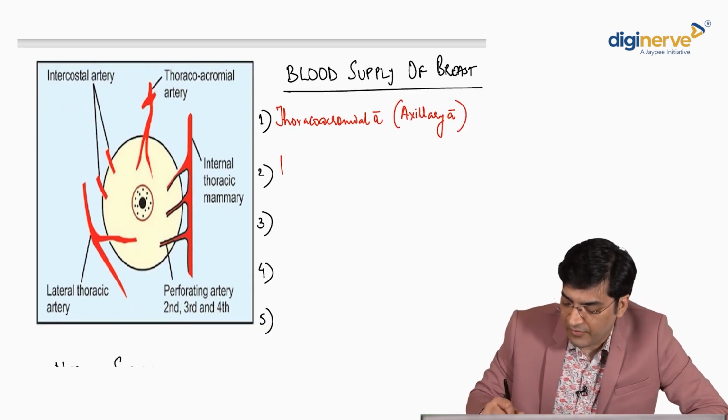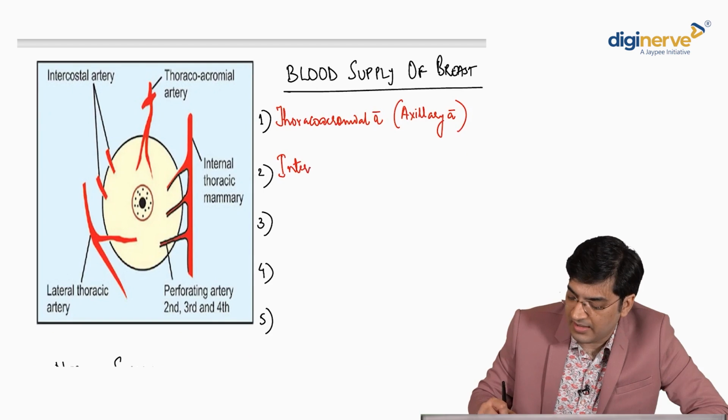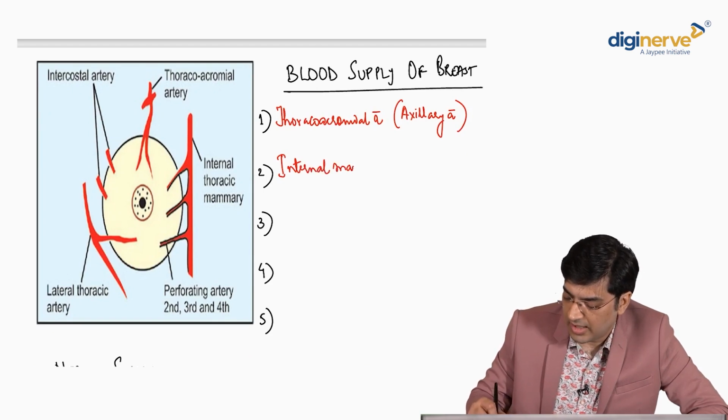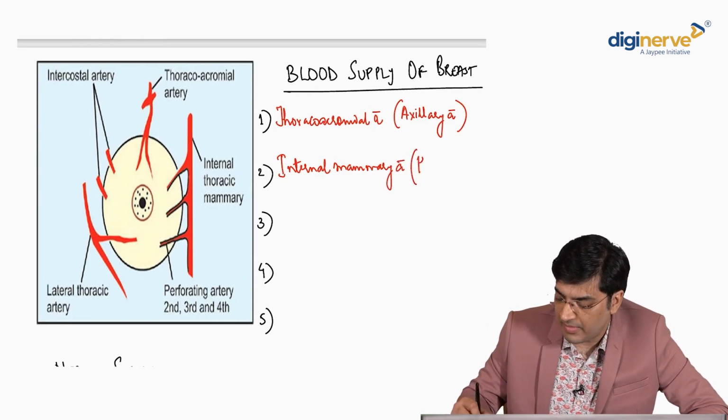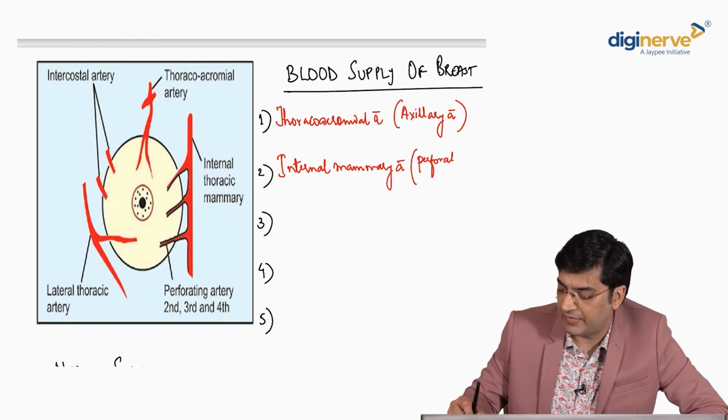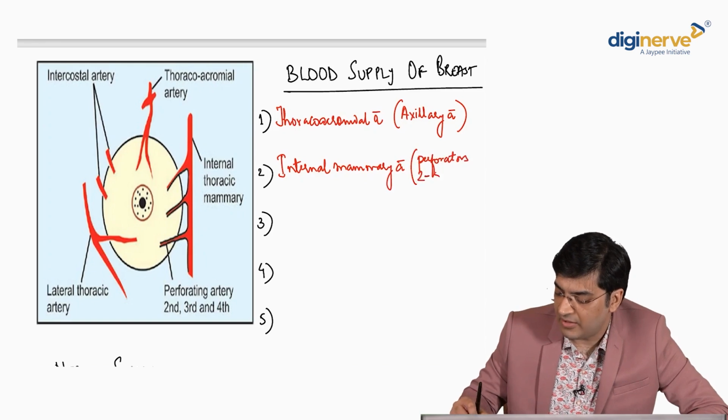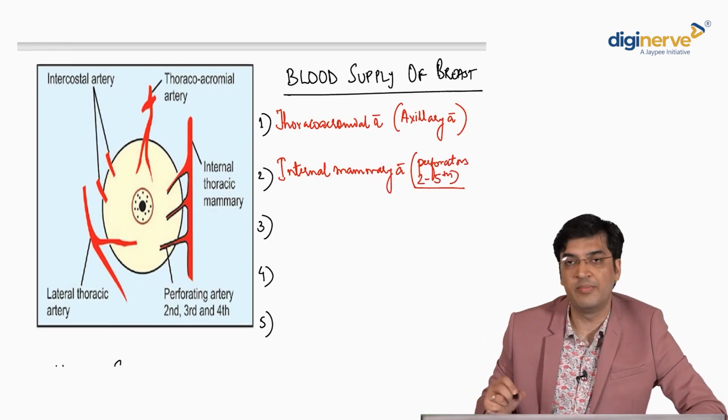Second is from the internal mammary artery, which parts? The perforators, especially the second to the fifth perforators supply the breast.